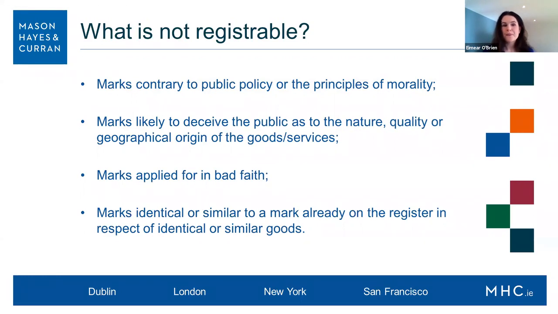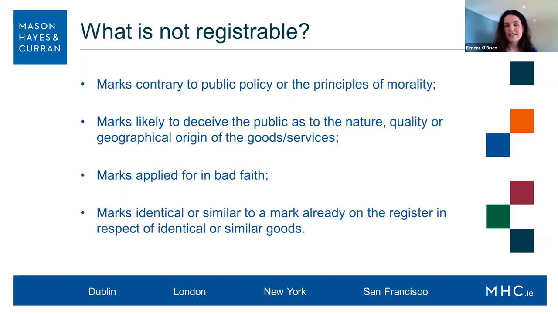For example, it might not be capable of distinguishing your goods and services from those of another because it's so commonly used. Speaking of being commonly used, it is a term that is now customary in the language, and so it's very likely that a term like COVID would not now be registrable.